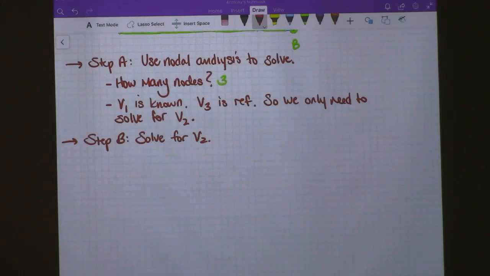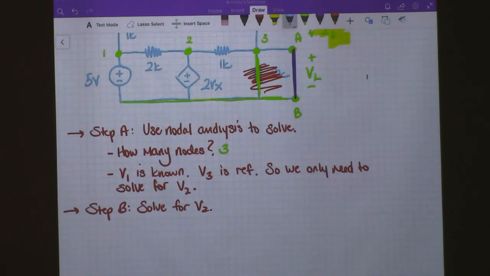What we need to do is go down that rabbit hole like we have done so many times before. We start off with the basic expression, and then we fill it in with Ohm's law or whatever we need to do in order to solve. Normally when we're doing nodal analysis, what is our base equation for each node? It's KCL, okay?